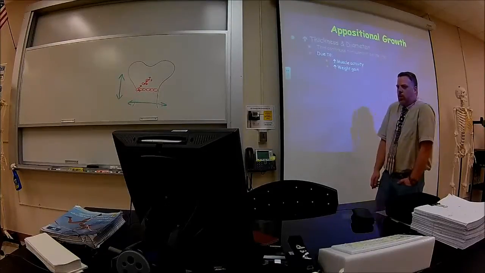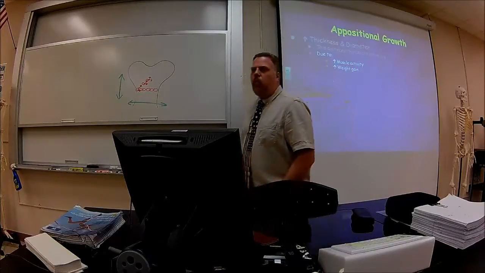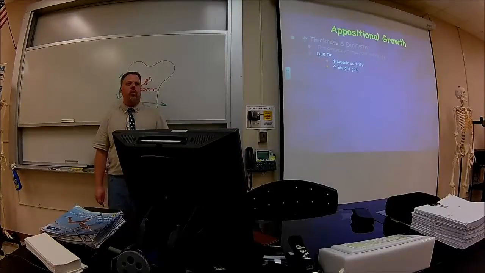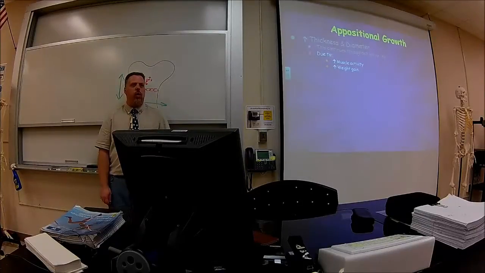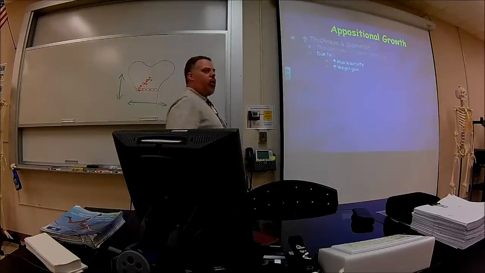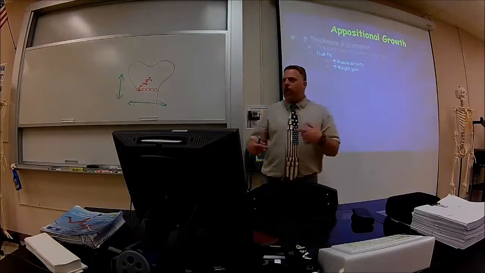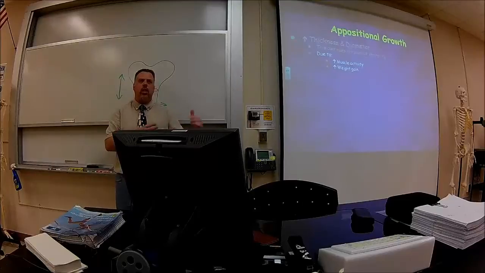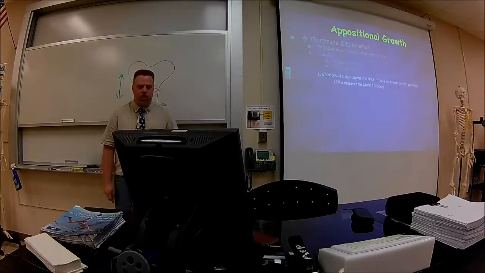This is due to muscle activity increasing and weight gain as we go along. It's also important when we deal with new mechanical stresses that you put on the bones. All right, say you want to be carrying 20 bowling balls on your stomach, and you want to walk like a crab would walk, like this kind of thing. Well, your body's going to be dealing with new stresses at different angles, and it starts to need to grow in different ways.